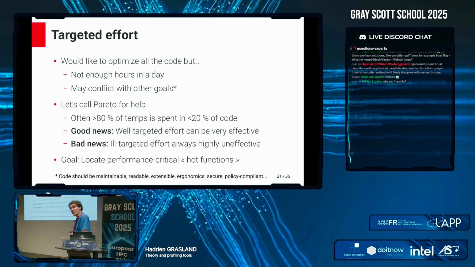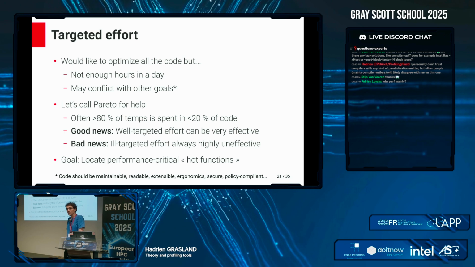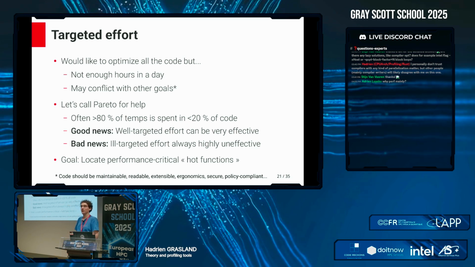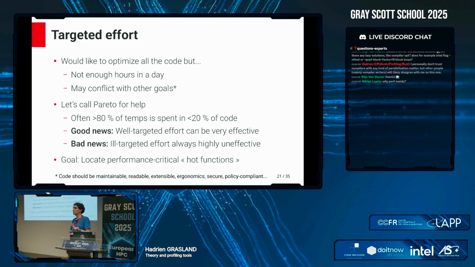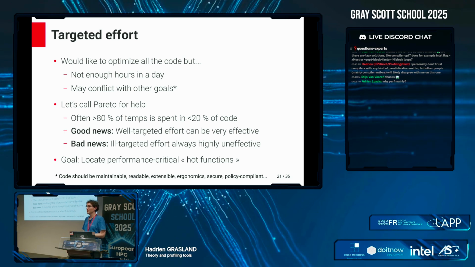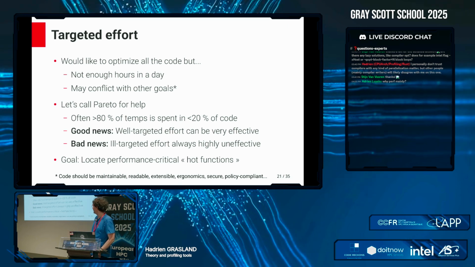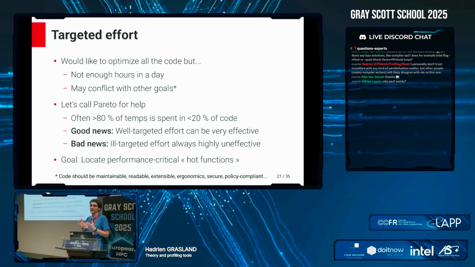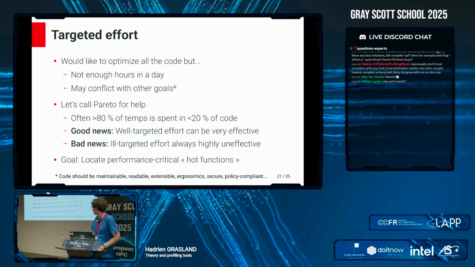That's both good news and bad news. The good news is if you improve this small percentage of the code that is performance critical, you will get a huge performance improvement with little effort. The bad news is if you improve the wrong part of the code, you will get nothing. So it's really important to know where you're spending your time. And that's where profiling comes in.